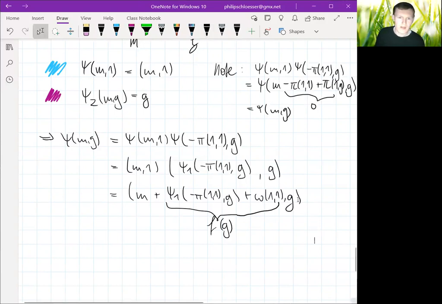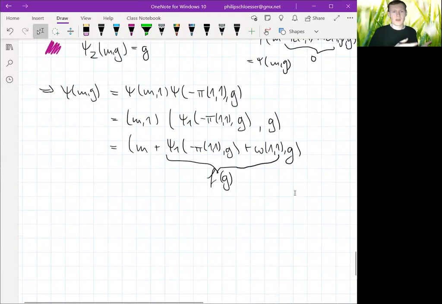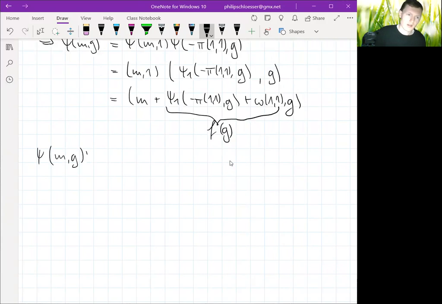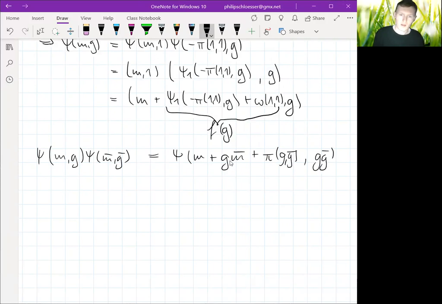Okay, now we want to somehow compare omega and pi, or get some sort of relation between them. So I suggest that we have a look at the multiplication formula, because they only show up there, and also because we know psi is a group homomorphism. So of course we want psi mg times psi m bar g bar to be equal to psi of, well, what is this? M plus g times m bar plus pi of g bar, comma g bar.